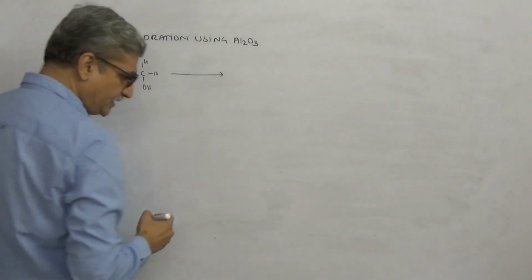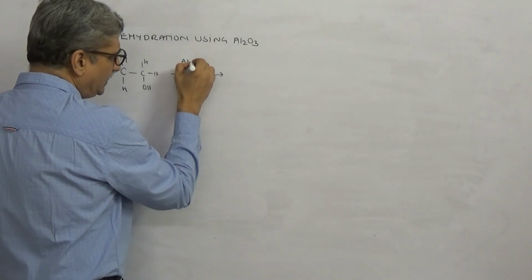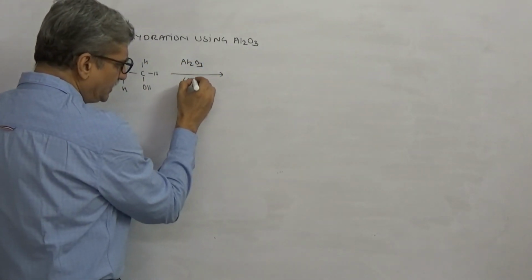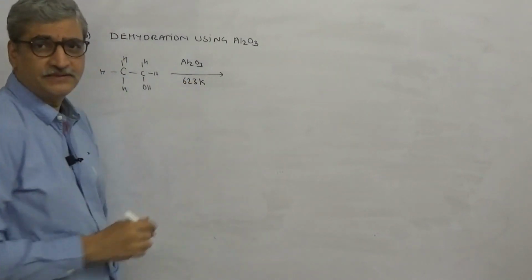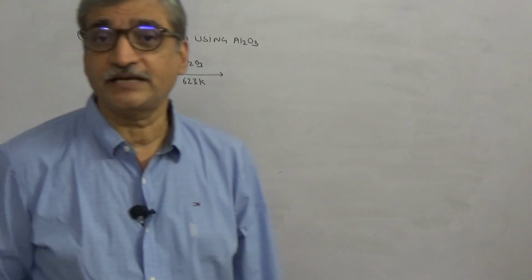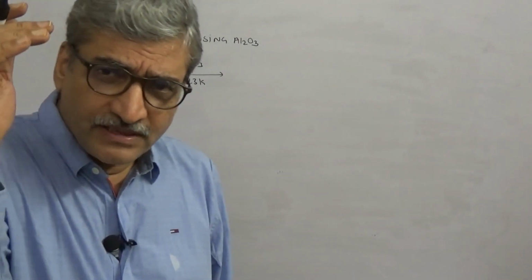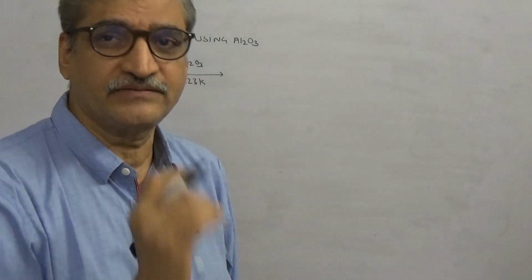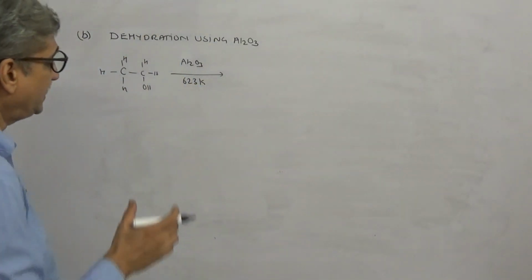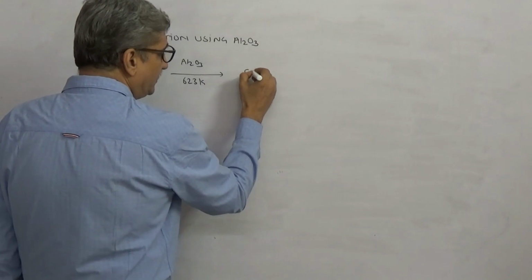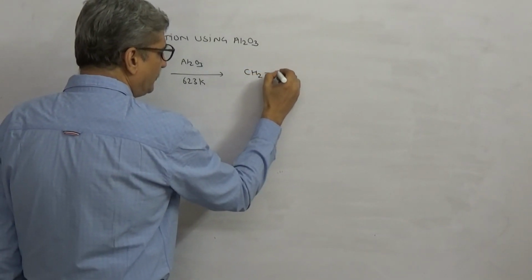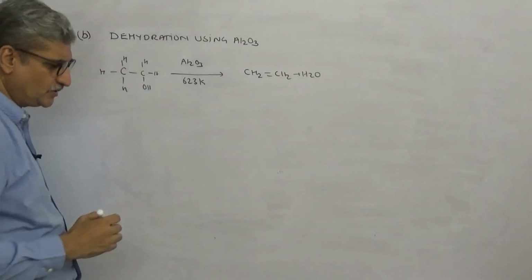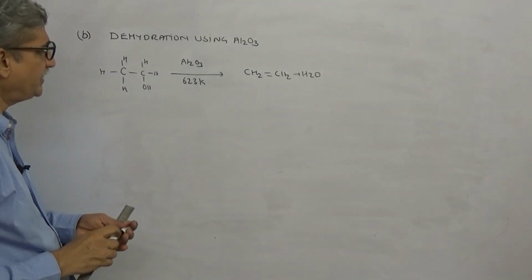When I treat with alumina, Al2O3 at around 623 Kelvin. Try to understand that this is a temperature dependent reaction, because if the temperature becomes slightly low, a large amount of ether could be formed. So mentioning temperature over here is very important. You get CH2 double bond CH2 plus H2. So this was dehydration using alumina.